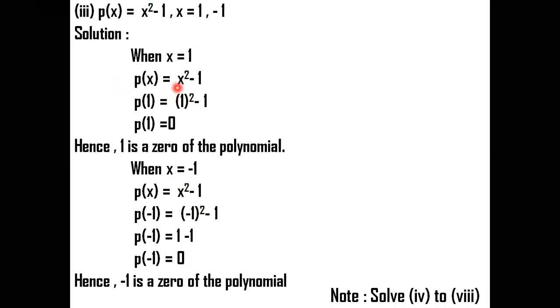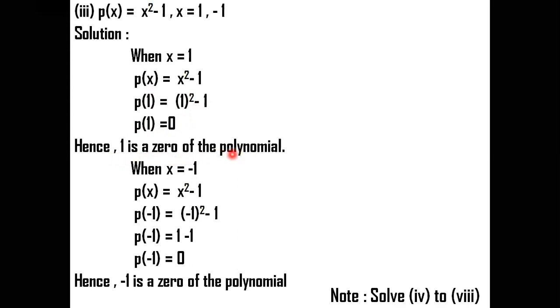So instead of x squared, I will write 1 square minus 1. Square of 1 is 1, so 1 minus 1 is 0. So we have got that P of 1 is equal to 0. When x is replaced by 1, I'm getting the answer as 0. So what is the conclusion? That 1 is a 0 of the polynomial.